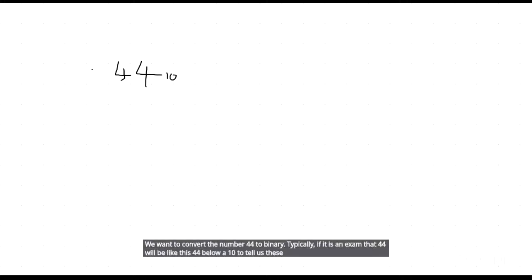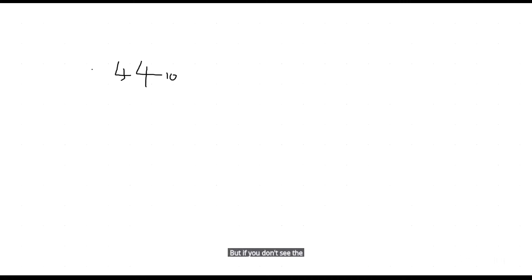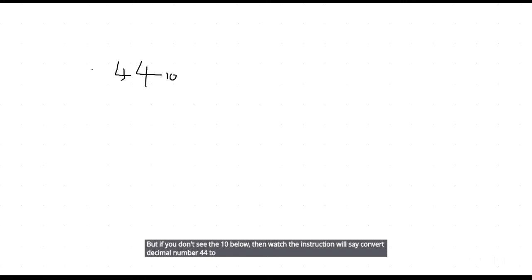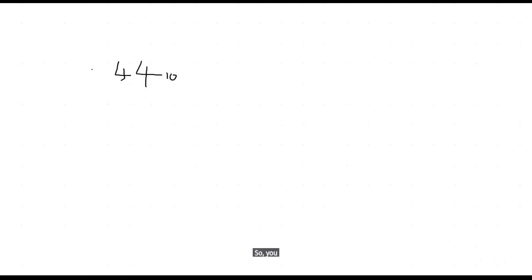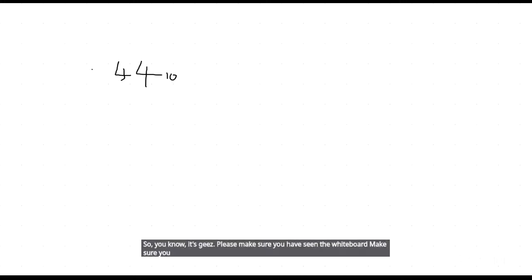Base 10 means the number you and I normally use. But if you don't see the 10 below, then watch the instruction. The instruction will say convert decimal number 44 to binary. Please make sure you are seeing the whiteboard.